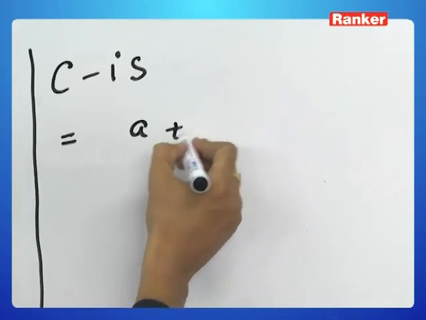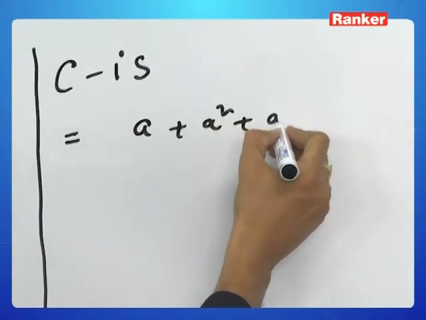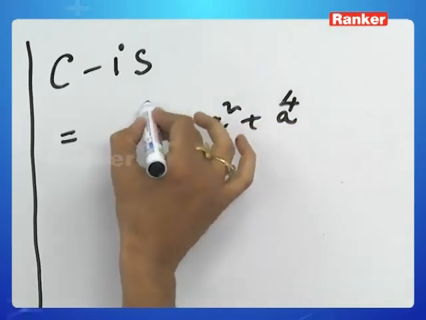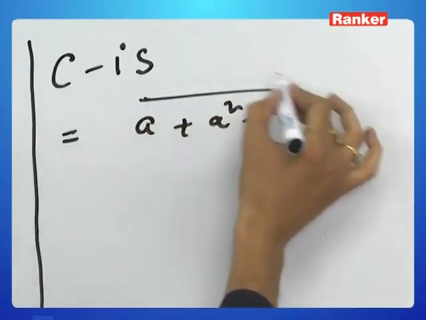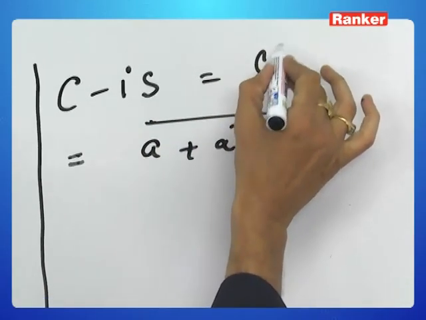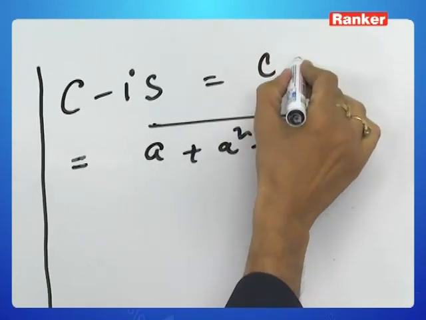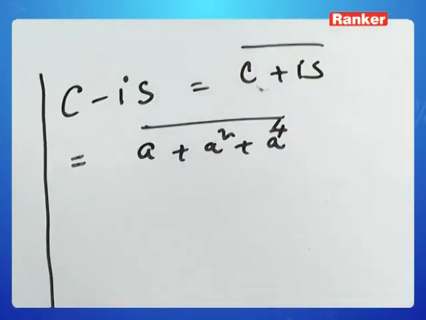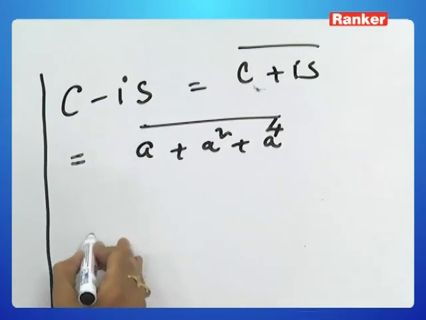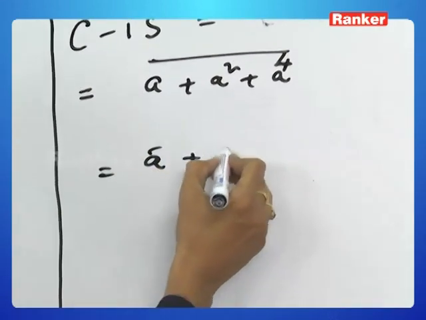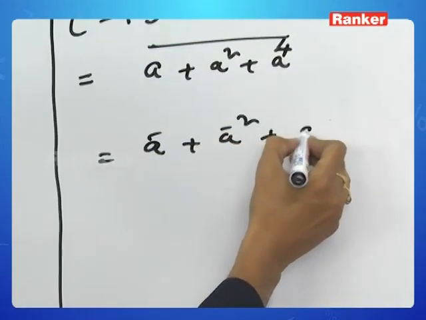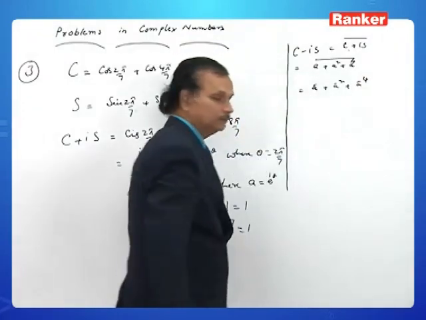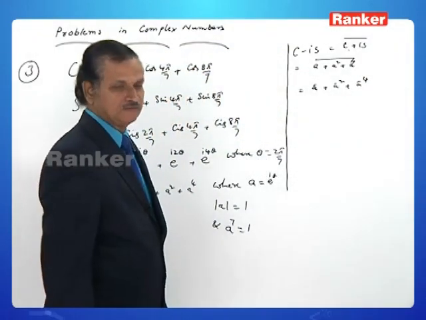C minus iS is the conjugate of a plus a square plus a power 4, because it is the bar of C plus iS. That is nothing but a bar plus a bar square plus a bar power 4.